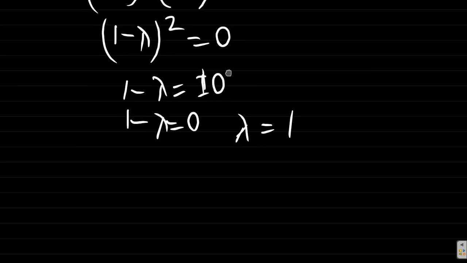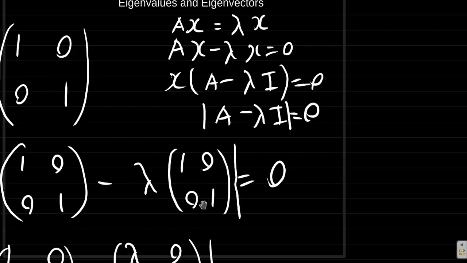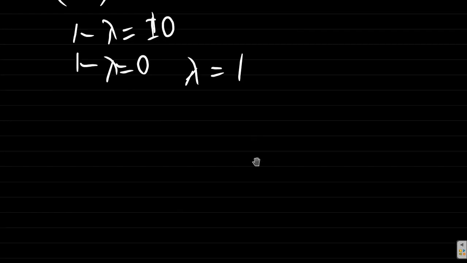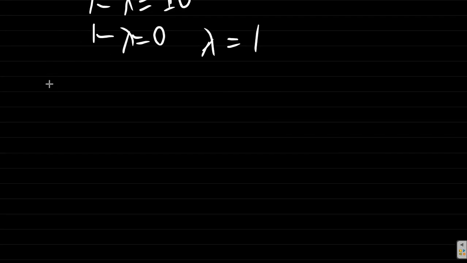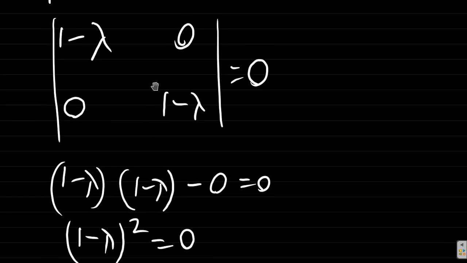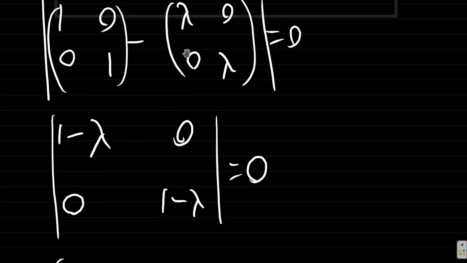Now, here, remember, x times A minus lambda I is equal to 0. So let's write that. X is the vector, in our case x, y, times 1 minus lambda I. What was 1 minus lambda I? It was this.